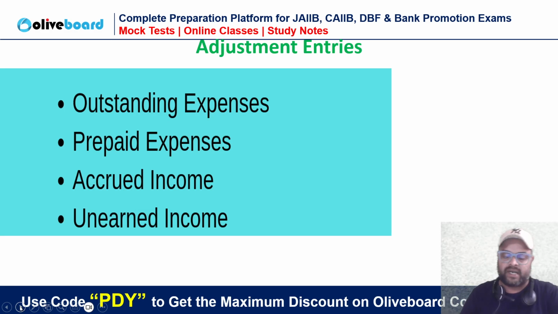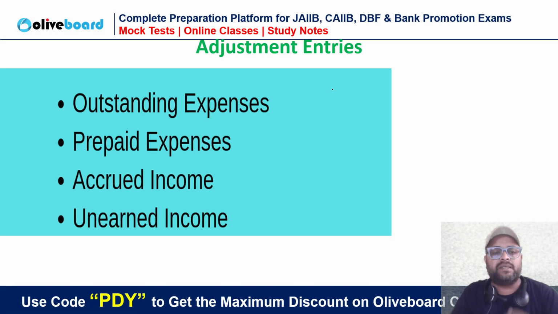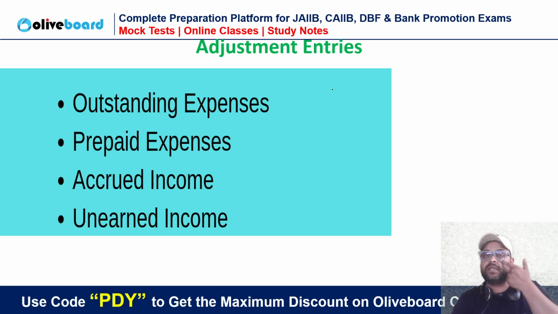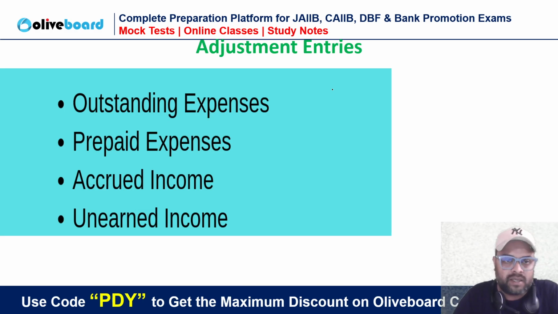That is outstanding expenses. There may be some expenses which you have paid in advance. There may be some income which you should have received till date but you have not received, that is accrued income. Then there may be some incomes which you have received in advance. How to record these four is very important.